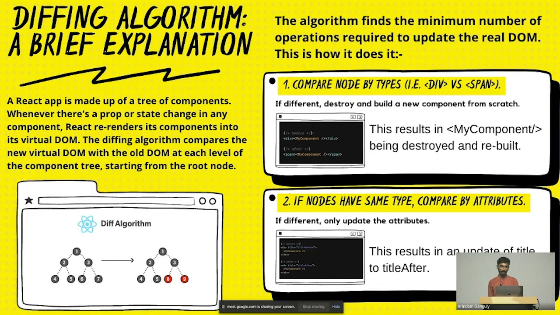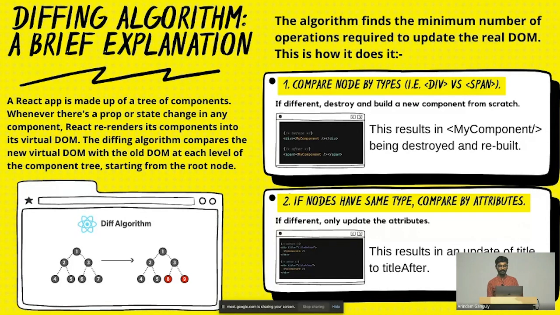Now, how does it do it? If you dive into it, this is what is called the diffing algorithm. It's basically an algorithm which tries to find out the minimum number of operations that can be done to change your real DOM, right?